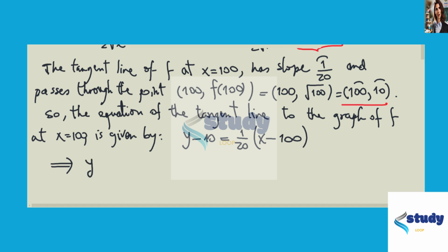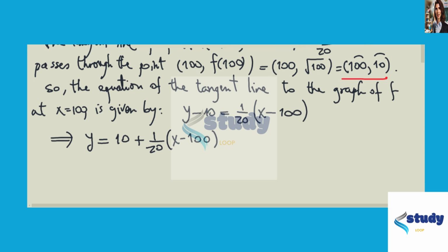That is, y equals 10 plus 1 over 20 times x minus 100. That's the same expression we obtain if we develop the Taylor polynomial at 100 of degree 1. It's just that.